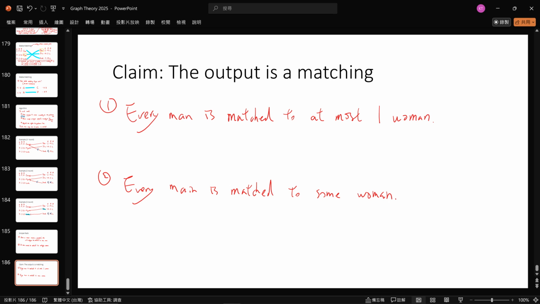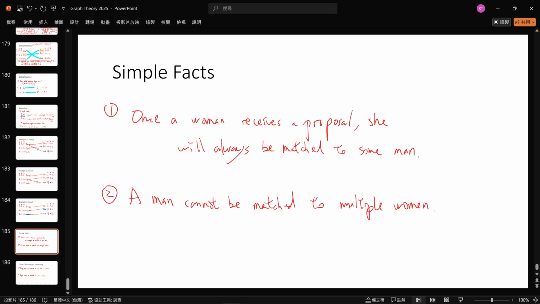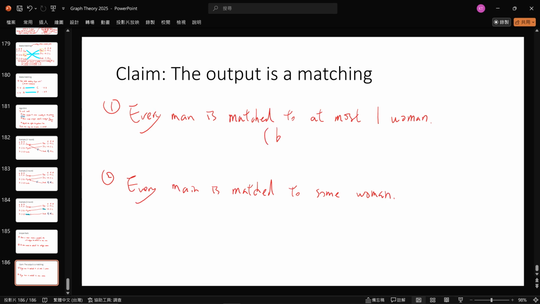Okay, so for the first point, it is easy because we have the second fact. So this is by fact 2.